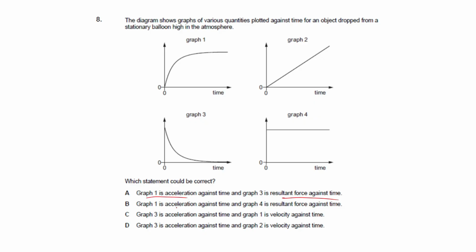So A, graph acceleration is 1. So this is acceleration, and we see that acceleration is actually a constant. So that means we're constantly accelerating.